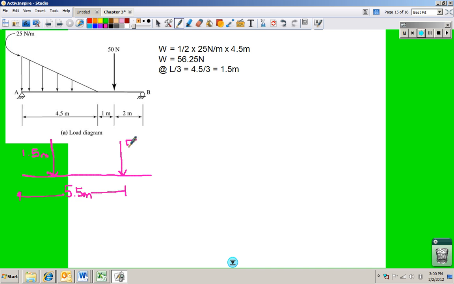And this is the 50 newton force, and this is the 56.25 newton force.